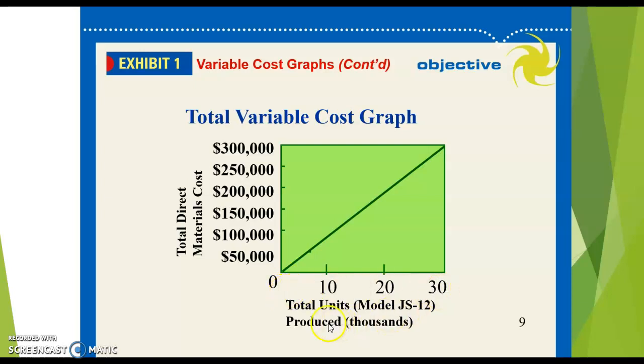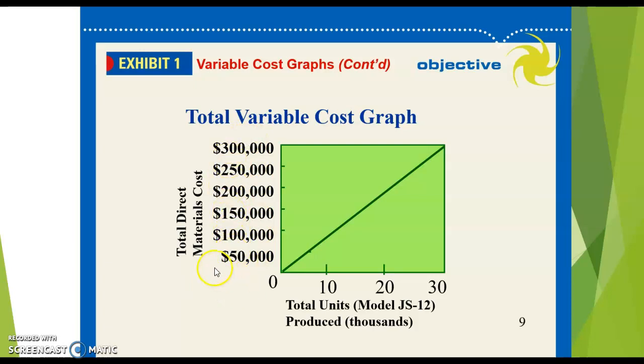If, this is in thousands, we make 30,000 stereos times $10 a piece for each part, our total amount we're going to have to pay for that part is $300,000.